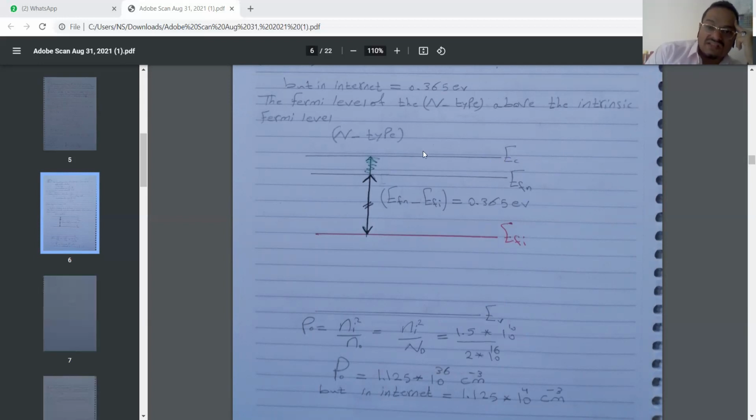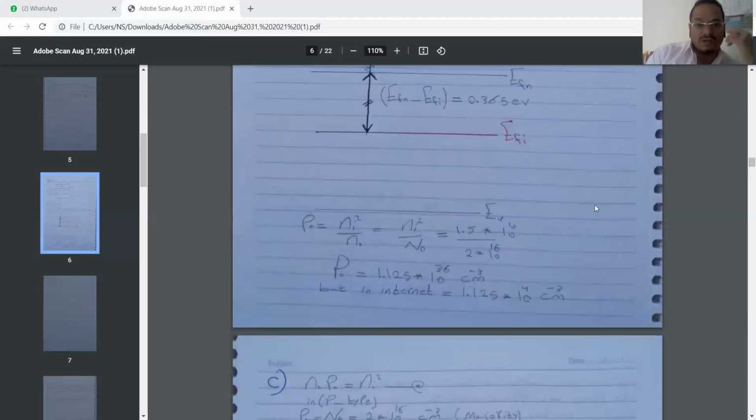And the distance between EFN, above, and EFI, below, this black line, EFN minus EFI, equals 0.365 electron volts.